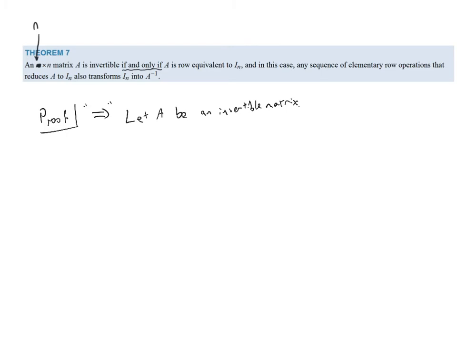Okay, and the way that we do that, we say then, since AX equals B has a solution for all B. That was an earlier theorem. That means that A has a pivot position in every row.